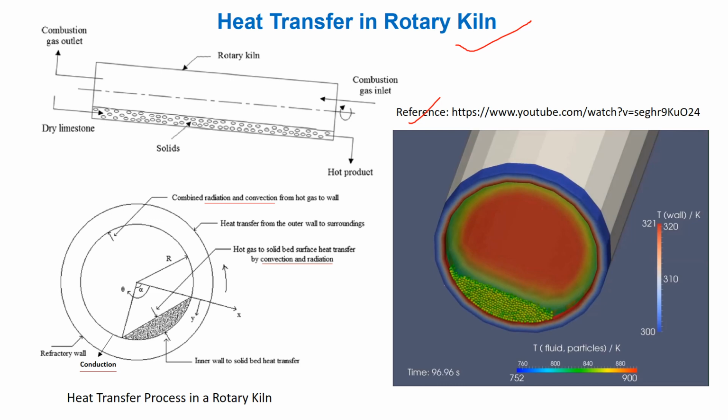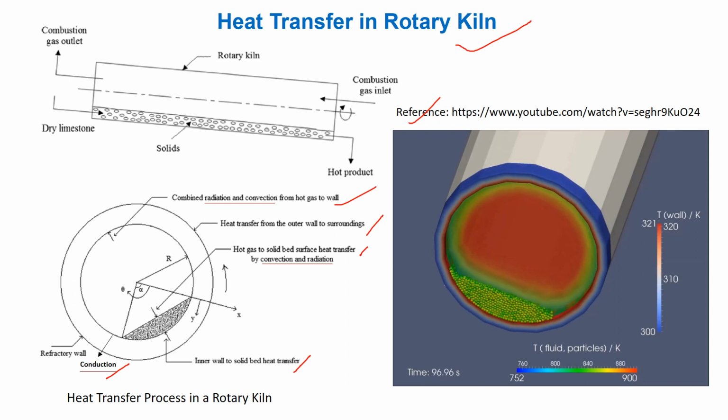Combined radiation and convection from hot gas to wall, heat transfer from the outer wall to surroundings, hot gas to solid bed surface heat transfer by convection and radiation, inner wall to solid bed heat transfer, inner working lining to the outer shell through conduction.